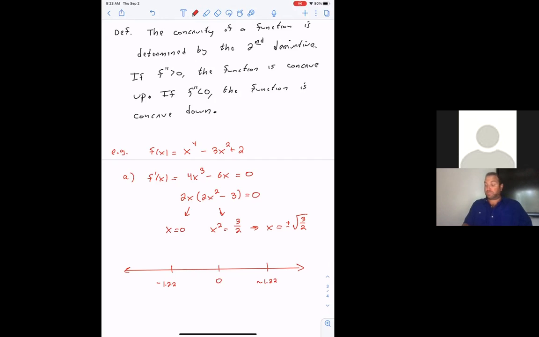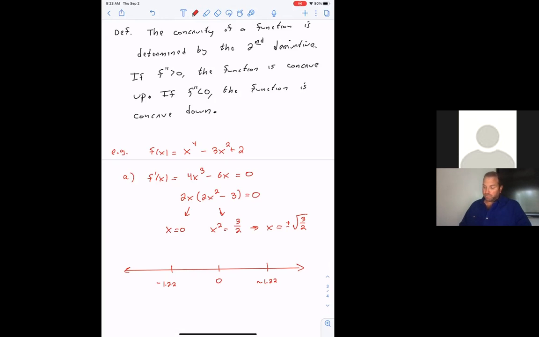Those are the 3 points. So what was the first derivative test? The first derivative test said, okay, we know the first derivative is 0 at these 3 locations. Are they maxes? Are they mins? Are they neithers? We've got to take points in between, plug them into the first derivative to see whether the derivative is positive or negative, to see if it's going up then down, down then up, up, up, or down, down.